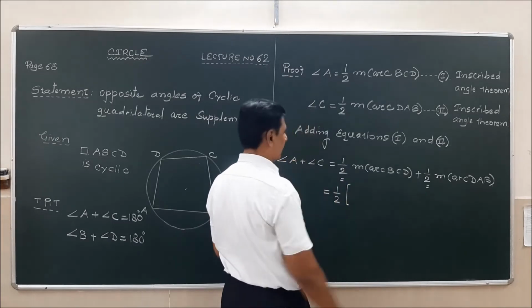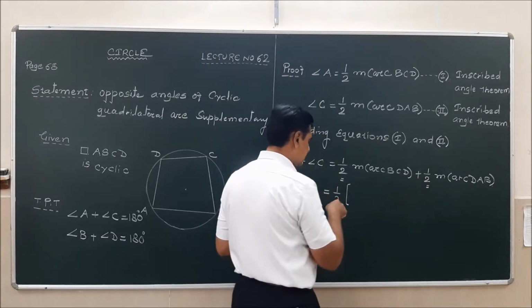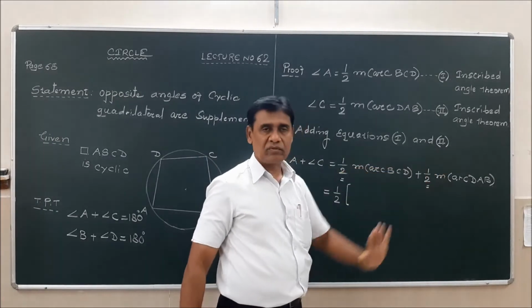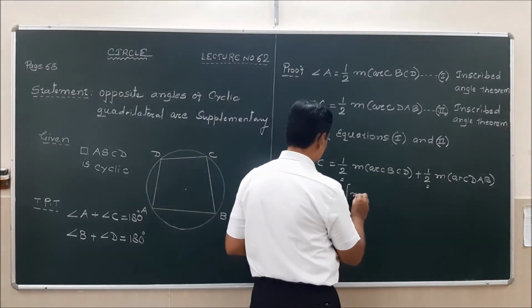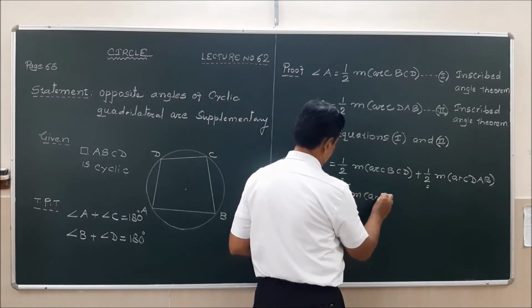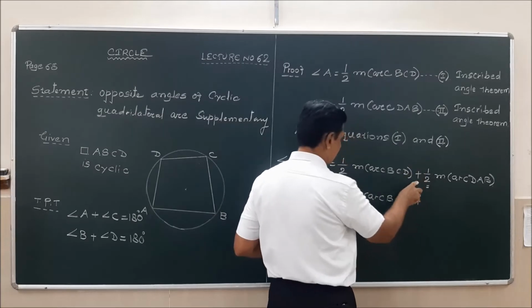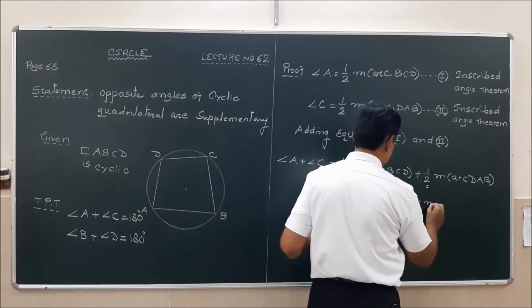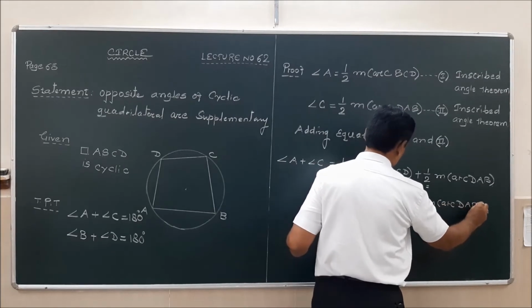Then, inside the bracket, from the first set as well as from the second set, I am left with measure arc BCD, plus sign will remain as it is, plus measure arc DA. Okay.